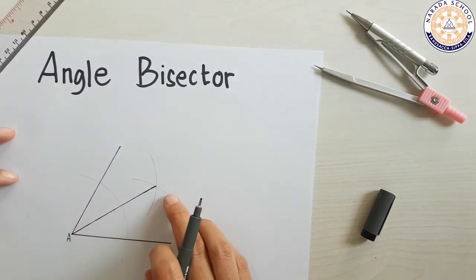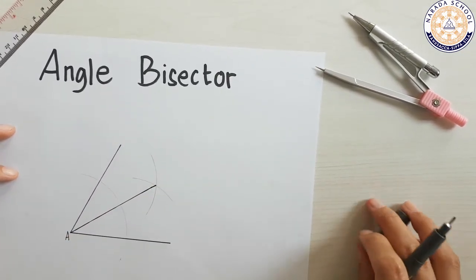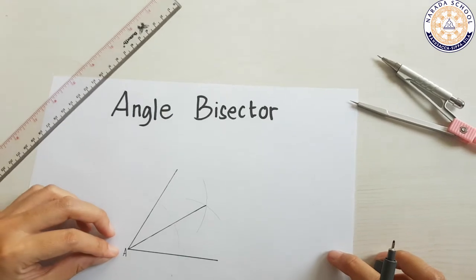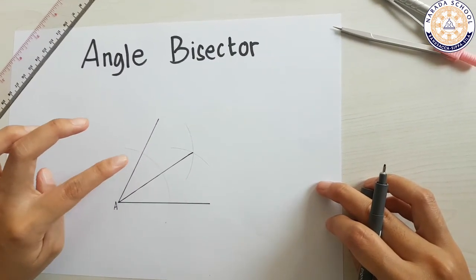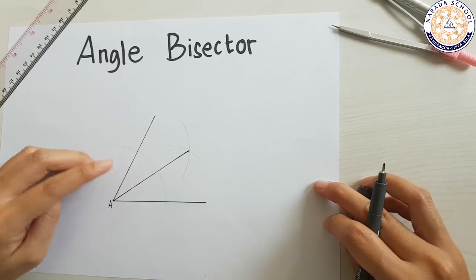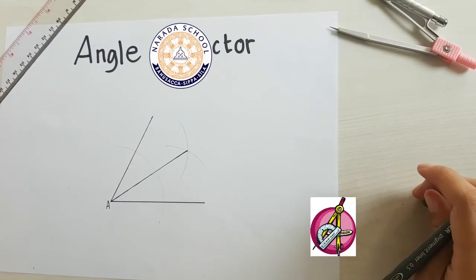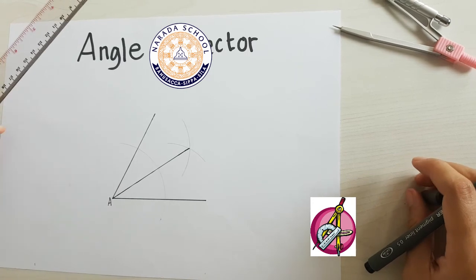So this line already cuts angle A into two congruent parts, so this angle and this angle are congruent, or we have the same angles.